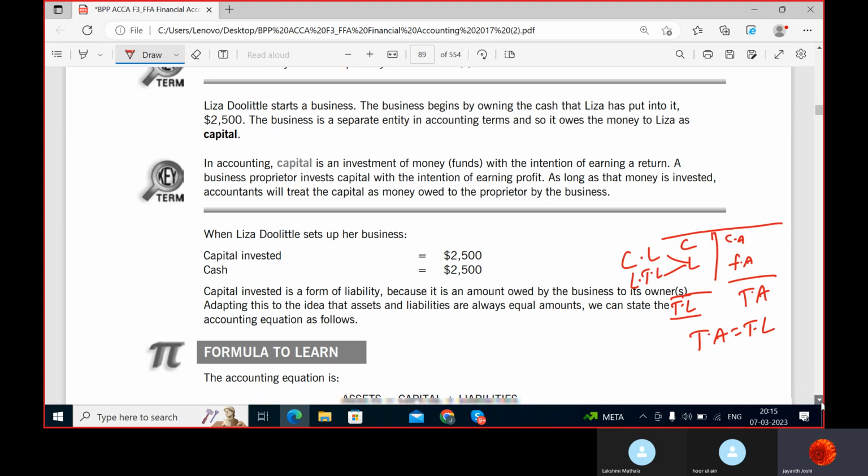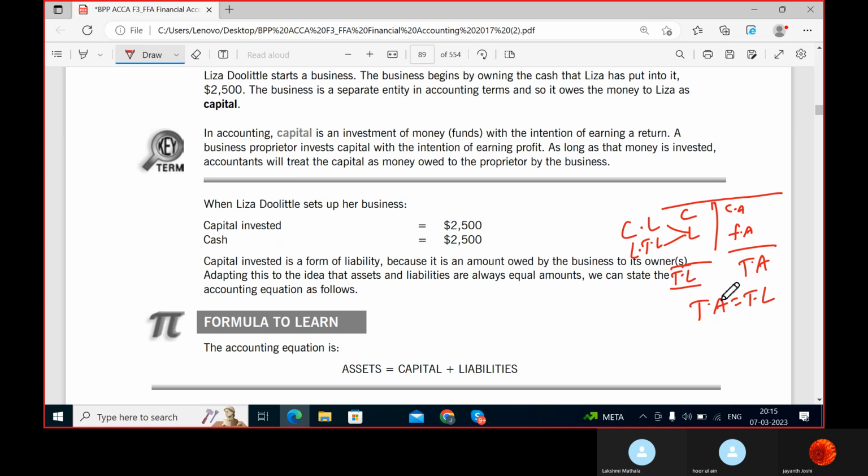Okay. But here, no, that is a rule for balance sheet. Am I right? That's a rule for balance sheet. But now, if I elaborate this, can I write like this? Total of assets is equal to total of liabilities plus capital. It's not total of liabilities.